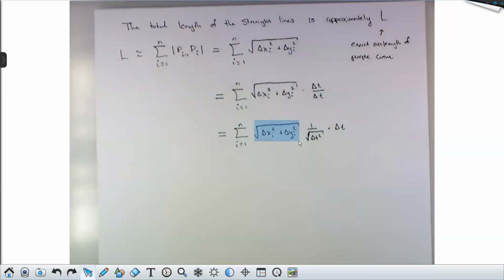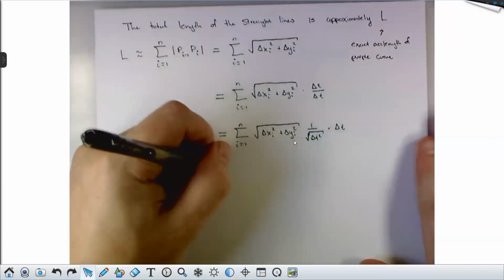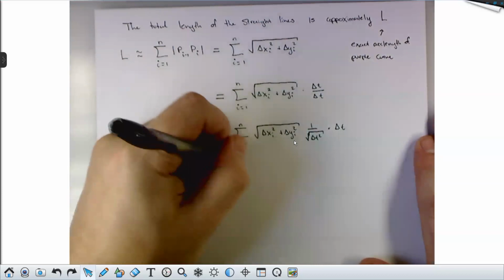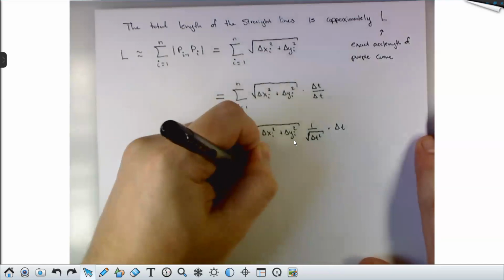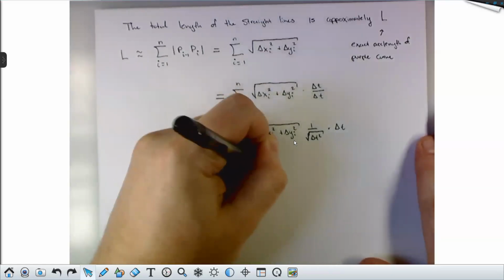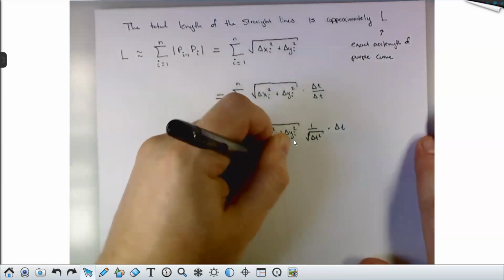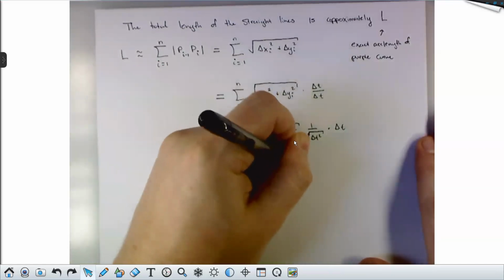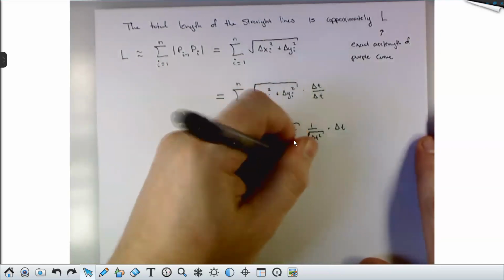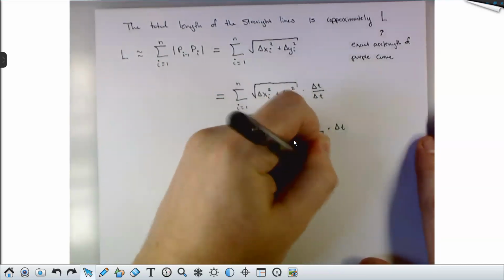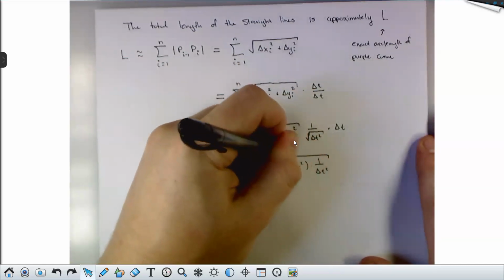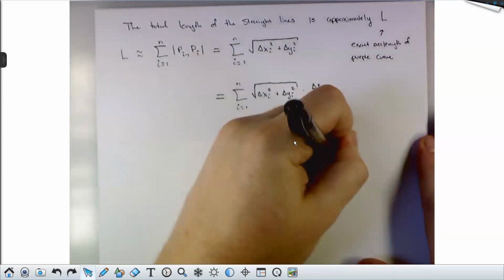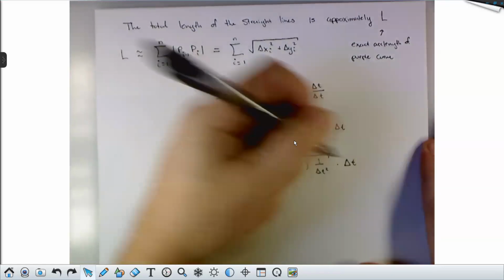Now I have this square root times 1 over this square root. That will allow me to stick that delta t squared inside my big square root, giving me this expression.